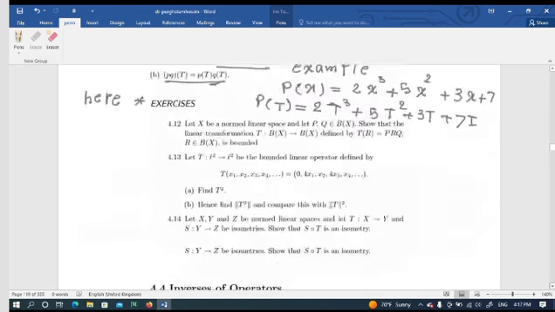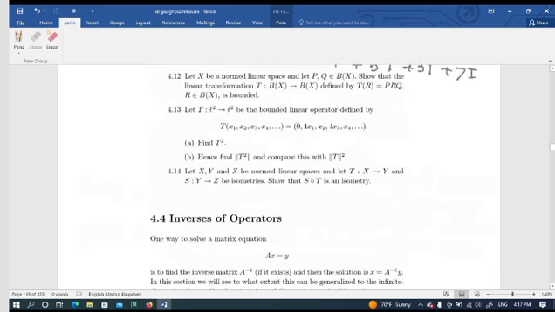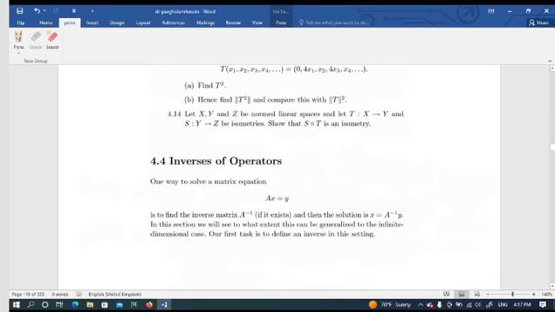Some exercises. Inverse operation. When we write AX equals Y as a matrix equation, it means that A is a matrix and X and Y are two matrices.